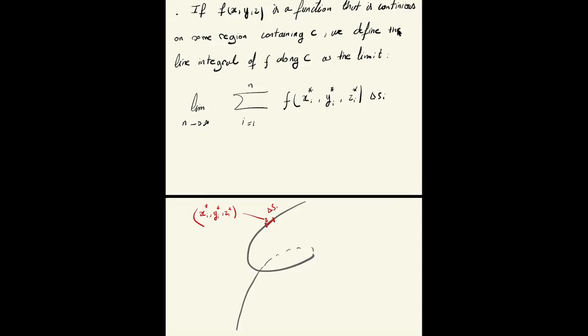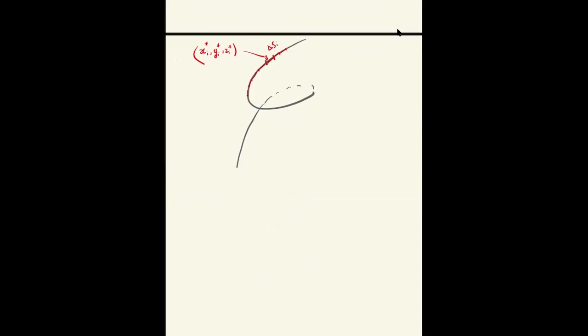Then you divide this curve in 3D into a lot of small curves, and you take the limit as these very small parts of the curve go to 0. When the function is continuous, this limit always exists.